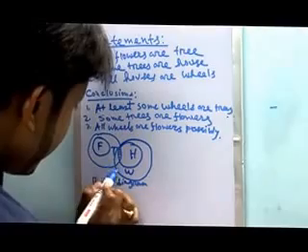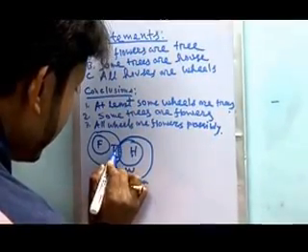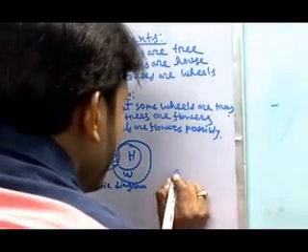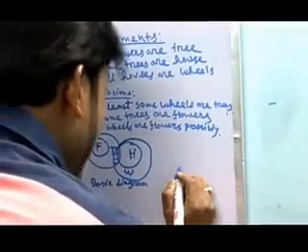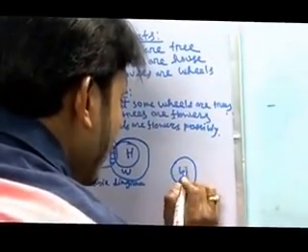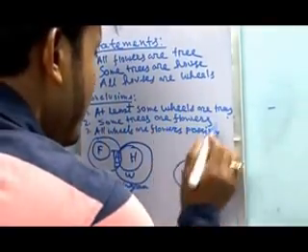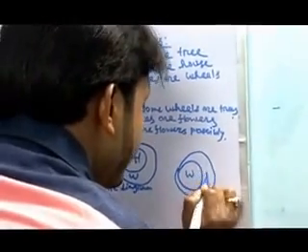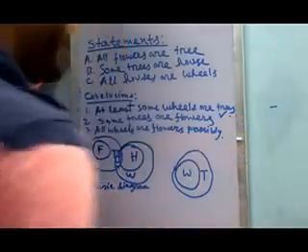Obviously we see that a part of wheel is included within trees. If it is wheel, then obviously some wheels are trees. So conclusion 1 is right.